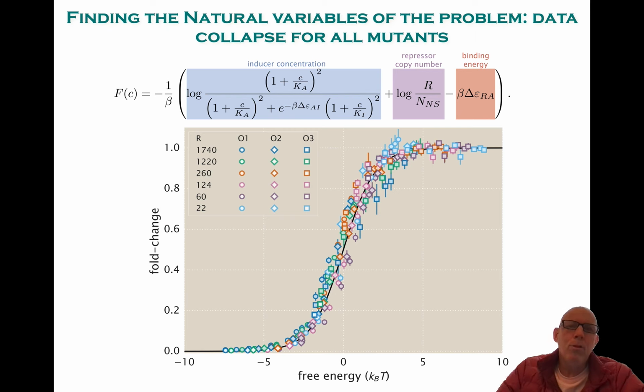And a proof of understanding of that mechanism is given by this data collapse, where what I'm plotting on the x-axis is that free energy difference between inactive and active, instead of the unnatural pipetters' variables, which is the thing that we talked about before.